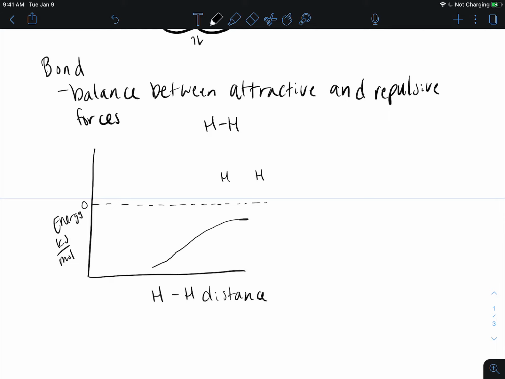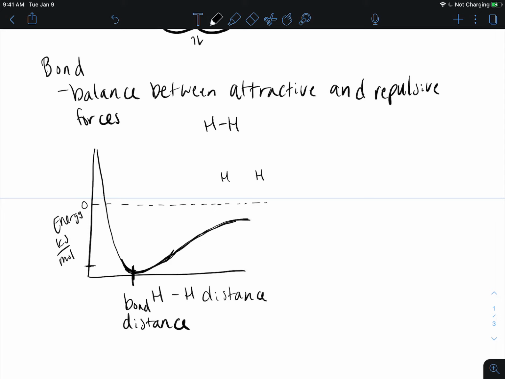And it'll eventually reach an energy minimum. Okay? And then it will very rapidly increase in energy. So this energy minimum here, this is our bond angle, or sorry, bond distance. So that energy minimum is that energy of that bond, so that when we take our two atoms separated apart, the energy that's released when we combine them together.